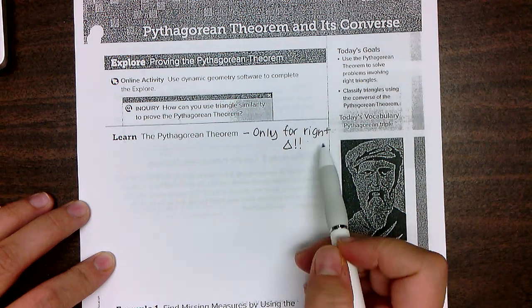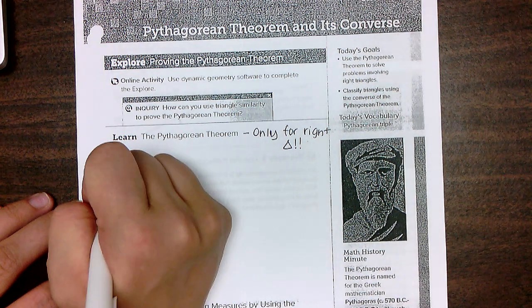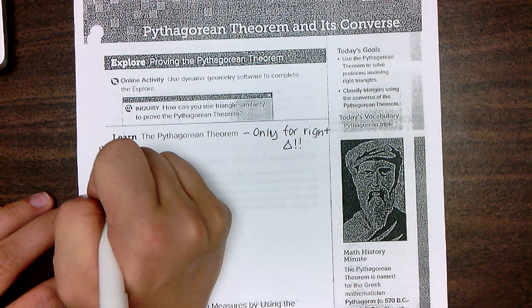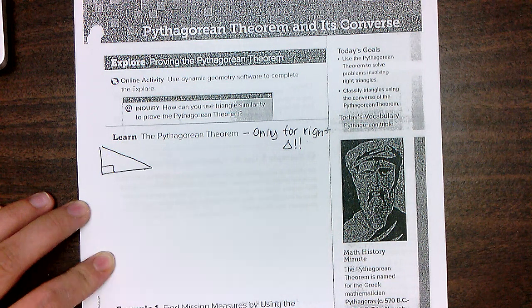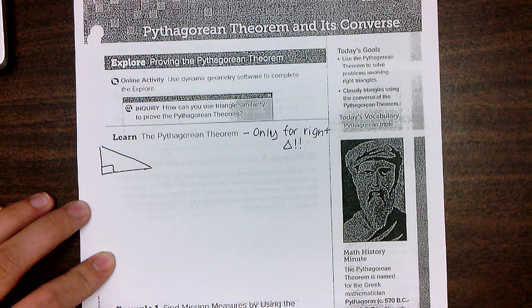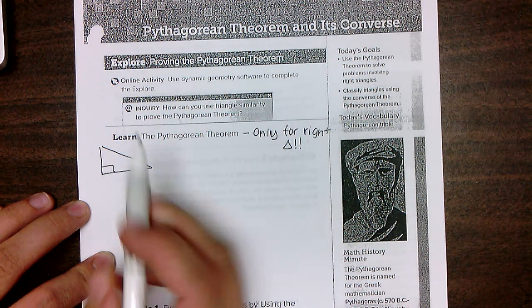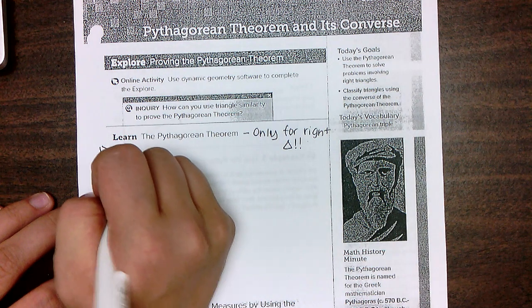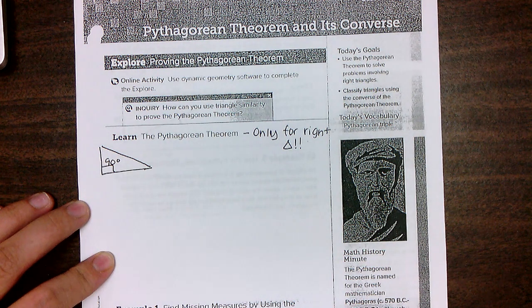And if you don't know what a right triangle is, that's just any triangle that contains a right angle or a 90-degree angle. So if you ever see a box in a corner like that, that just means 90 degrees. So these are for right triangles only.